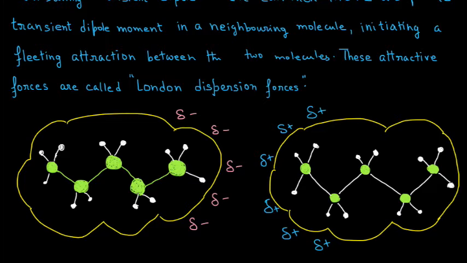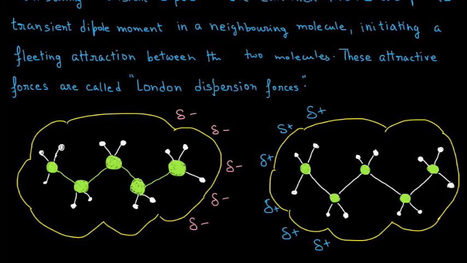So we consider here that the electron is continuously moving, and many times the electron and the positive charge come into alignment. At that moment the dipole moment is zero. But it is not the case that this always happens.